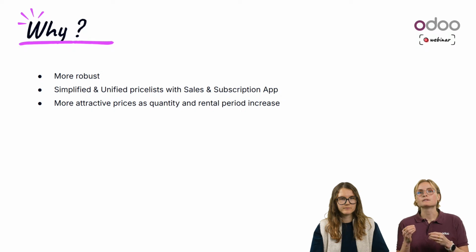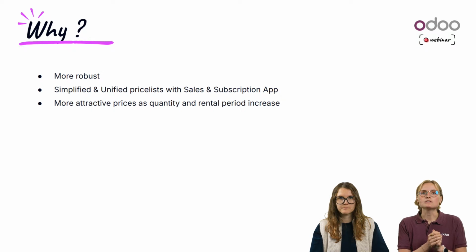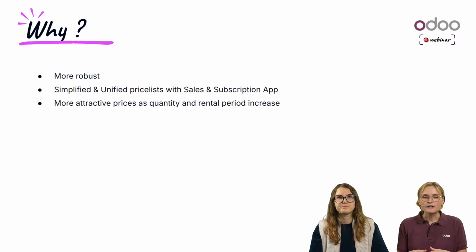Secondly, we have simplified it so that it's easier to use, easier to configure, and the logic behind it is simpler as well. And also, mostly, to have a unified price list with the sales and subscription apps.